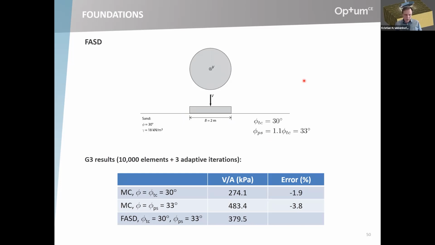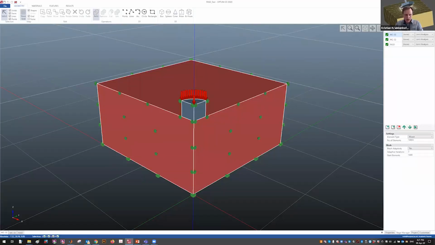So we can then return to the circular foundation, now with Optum G3. And what I've done is I have set up the problem, or three different variants of the problem. So one quarter of the model, here's my circular foundation, modeled by N prisms, and then the soil domain.